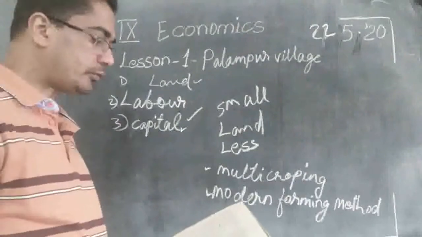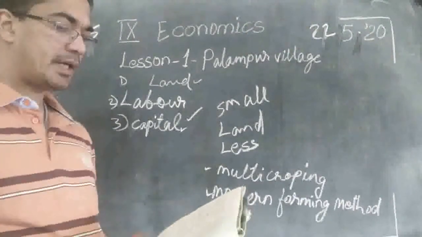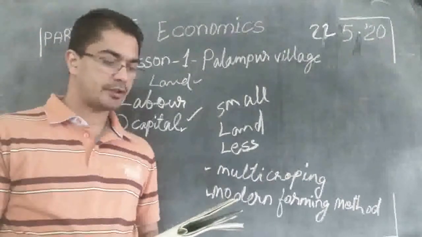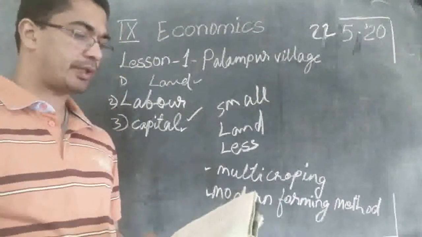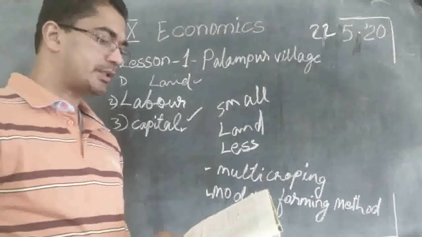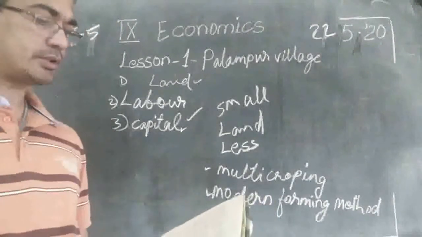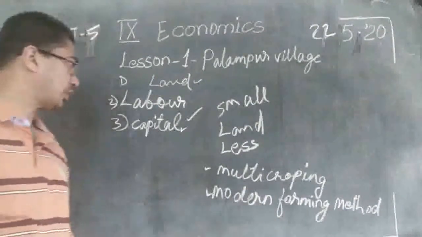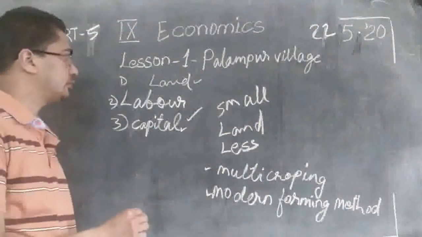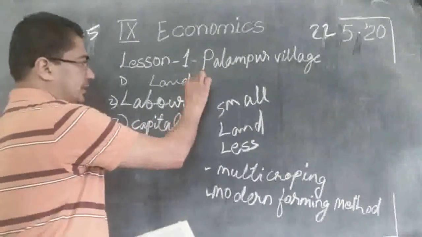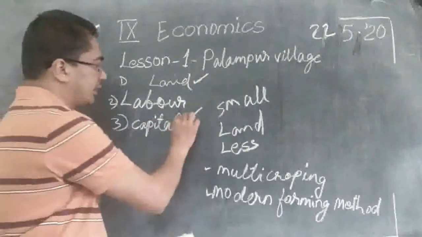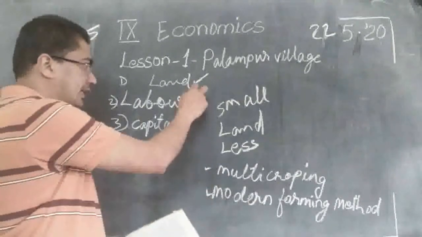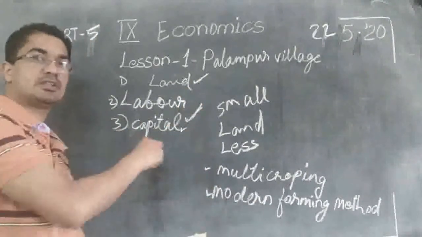And though both land and capital are scarce, there is a basic difference between the two factors of production. Dash is a natural resource, whereas dash is man-made. So, we are talking about these two which are scarce. Land is scarce, capital also is scarce. What is the difference?